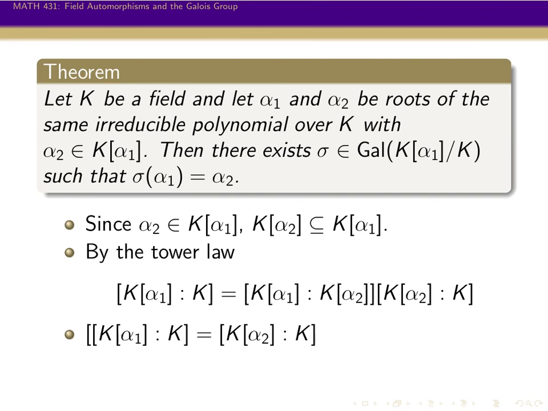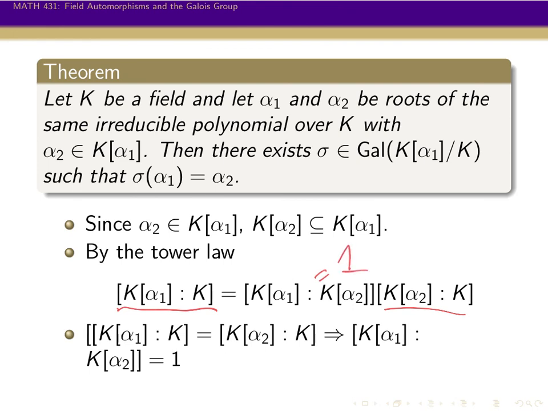And so that tells us that the degrees of these extensions are the same. So the degree of K adjoin alpha 1 over K equals the degree of K adjoin alpha 2 over K. And that means the degree of K adjoin alpha 1 over K adjoin alpha 2 has to just be 1, because these two factors are equal to each other.